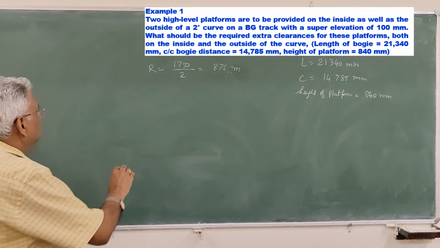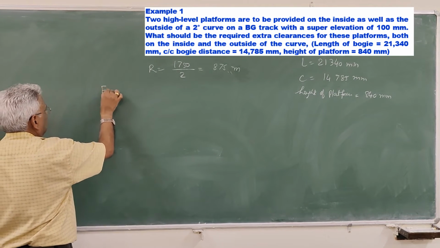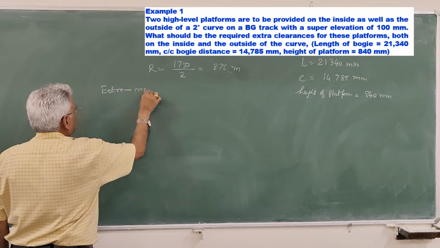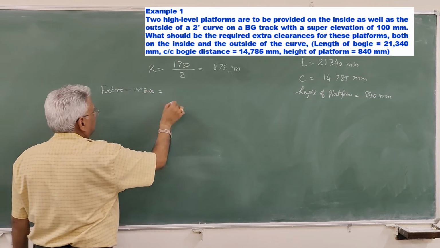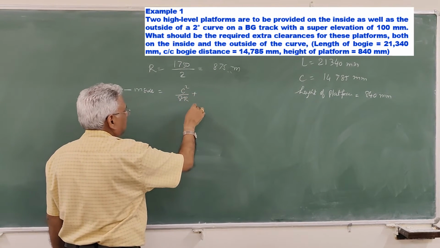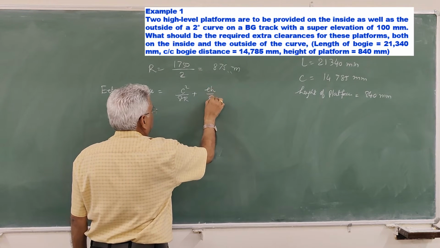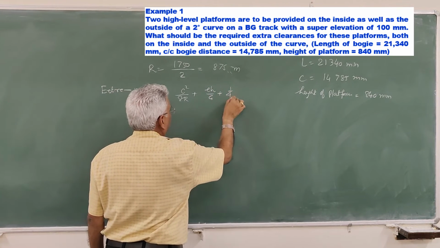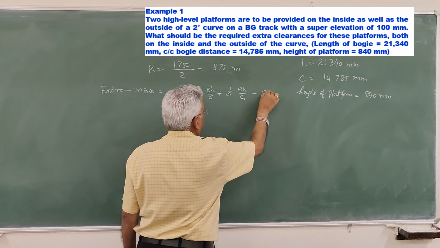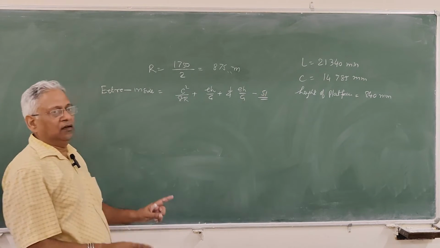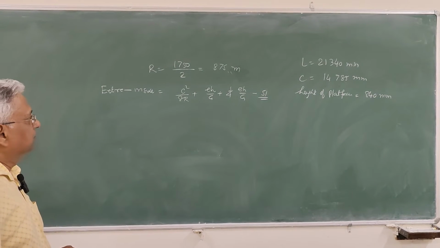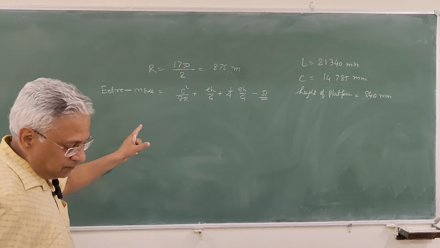Now extra clearance required. Extra clearance required inside of the curve is C square upon 8R plus EH upon G plus 1 by 4 EH upon G minus 51. 51 is just to take care of the spacing between the footboard and the platform edge. Now C is given.